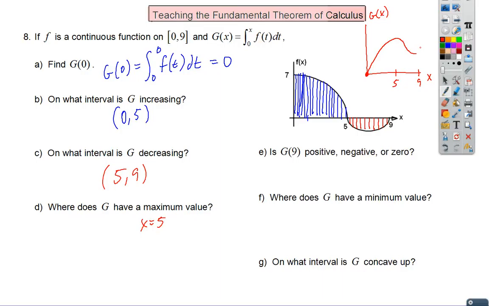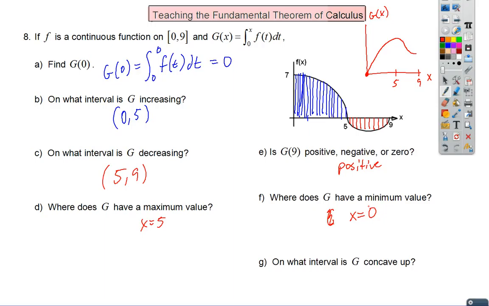So that is why g of 9 is positive. Next, for part F, where does g have a minimum value? Because g of 9 is positive, my minimum value happened at g of 0 when x is 0. The value itself is 0 as well.